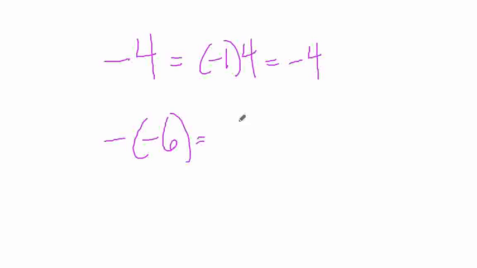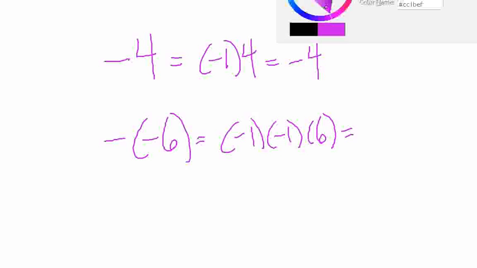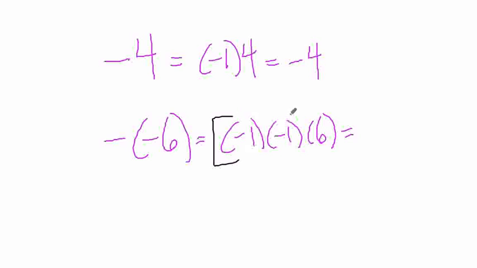So we can interpret this as minus 1 times minus 1 times 6, and we know it's associative, so let's multiply the minus ones together first, and that's going to give us a positive 1 because we have an even number of negatives. So this is 1 times 6, which is 6. Maybe that might be useful to you. And then let me close this video by talking about something called the distributive property that may also be useful.